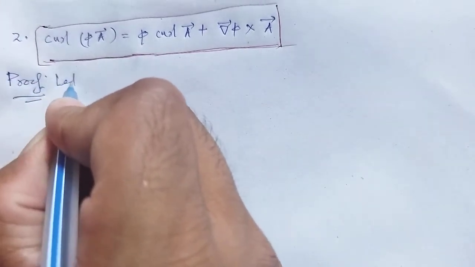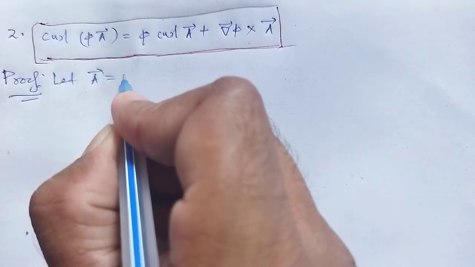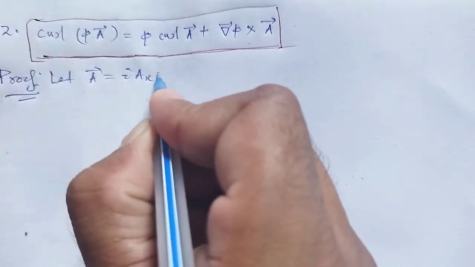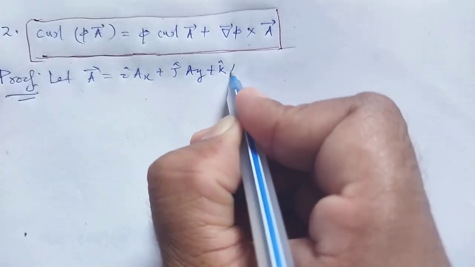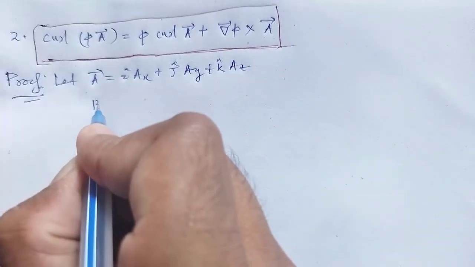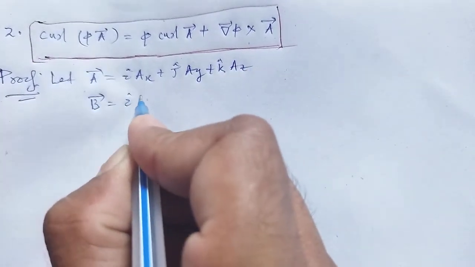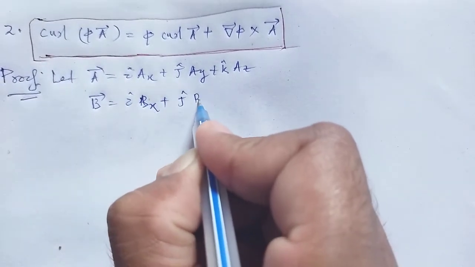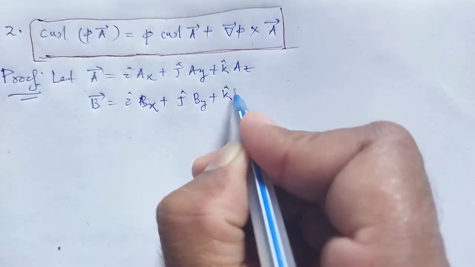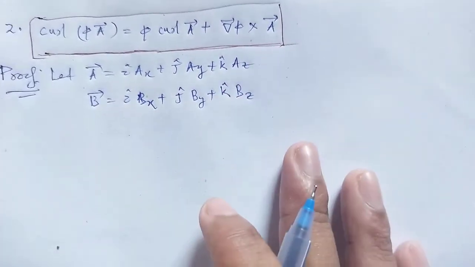Let A vector be equal to i cap Ax plus j cap Ay plus k cap Az, and B vector i cap Bx plus j cap By plus k cap Bz.